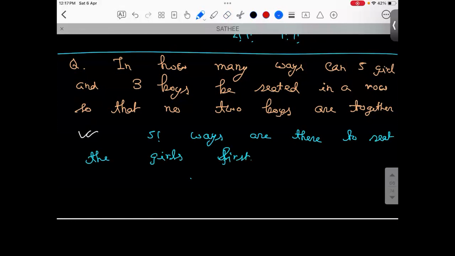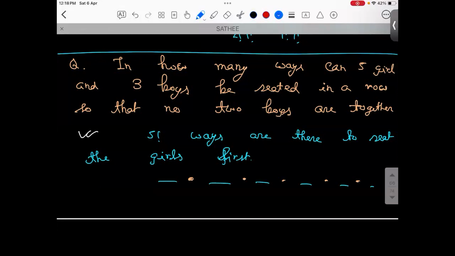Now for each choice of arranging the 5 girls, there are vacancies like 1, 2, 3, 4, 5, 6. So there are 6 vacant places, and among them the boys can sit.